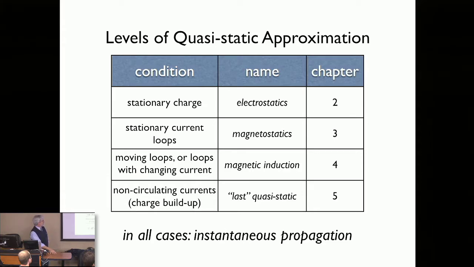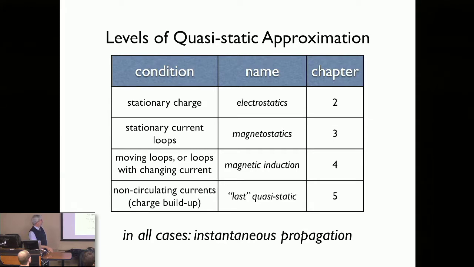That's magnetostatics. Then we considered magnetic induction, where we allowed the loops to move, or the current in the loops to change. And we saw there's a lot of interesting stuff that goes on in magnetic induction. Now we're getting to the last quasi-static effect, which is not a very descriptive title. It's the last thing we're considering, but that doesn't really tell you very much.